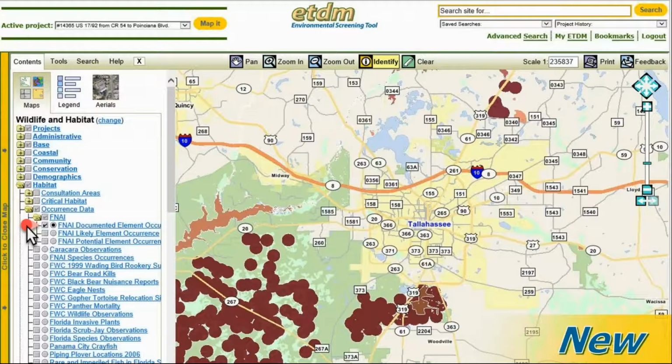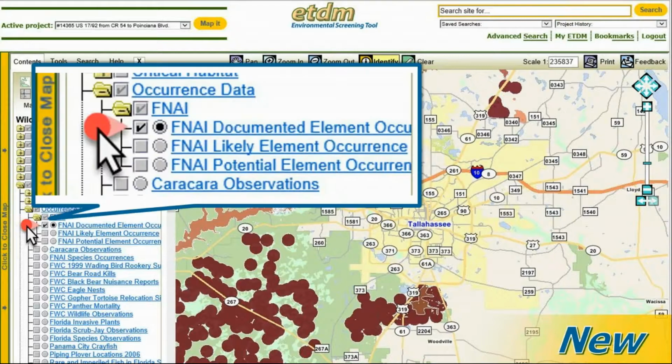These next few slides demonstrate what these layers are going to look like in the EST, and we're going to be looking at the same regional area surrounding Tallahassee. This first layer that I highlighted is the FNAI Documented Element Occurrence. This layer shows the documented occurrences where there's a high likelihood that the element occurs in this area.